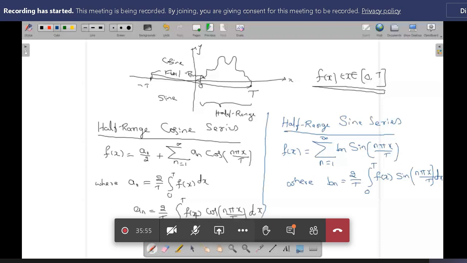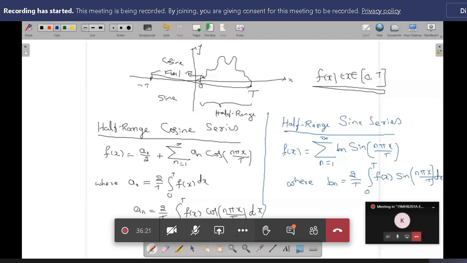So given any signal, electrical signal or radar, any signal, suppose you want to analyze it, if it is given in half range, you can convert it into the full range and you can easily analyze. So this is another application of half range series. So please note this definition. I'll share the notes. The same thing is given in the notes itself.